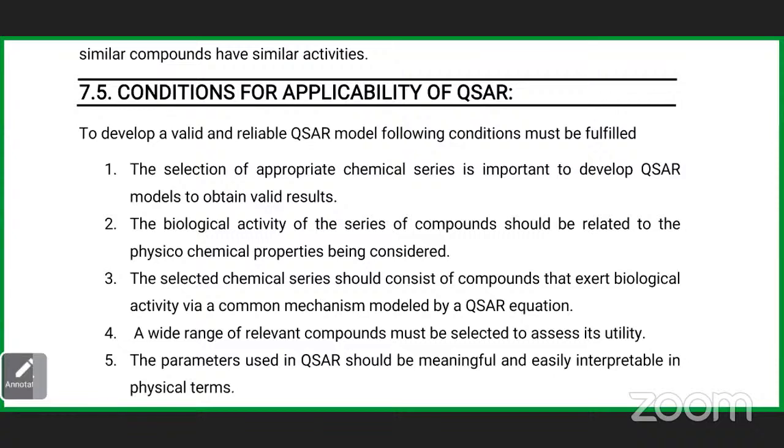When you are going to select the set of series compounds, you see the feasibility of those compounds. If by the theoretical QSAR approach you get good valid results, then you have to check whether these compounds are feasible or suitable for synthesis, and you propose a particular scheme for the synthesis of that compound.